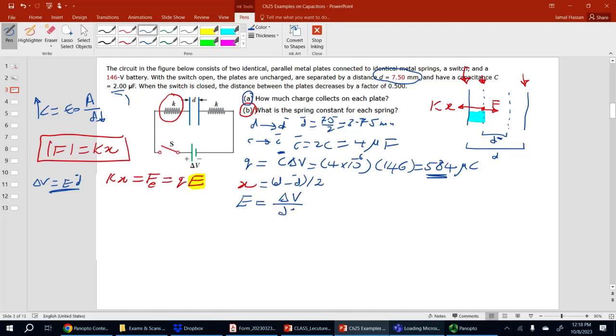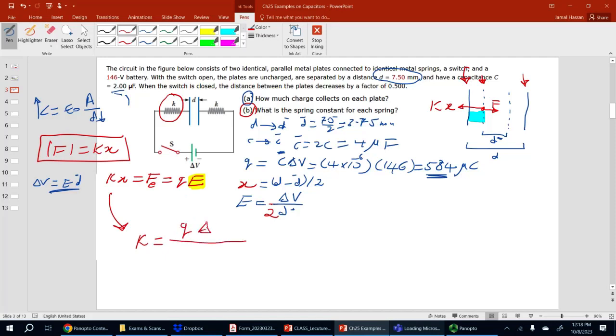divided by D prime. Now, notice here, I'm going to put 2, divide by 2. Because the electric field, the contribution of left plate to the electric field is half, right? Each plate contributes to half of the electric field. So I could plug the numbers here from this equation, K should be equal to QE.